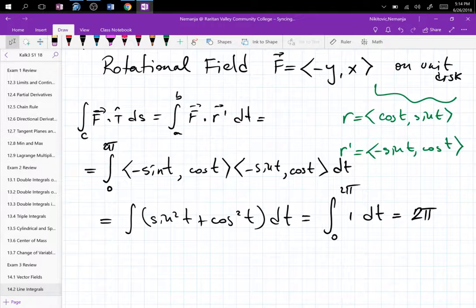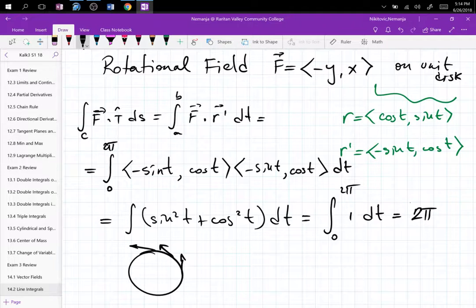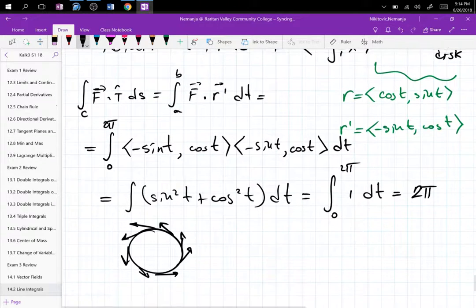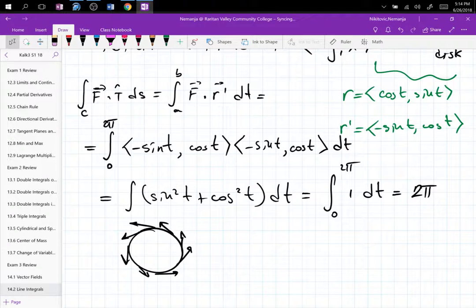So we can draw again the image for this. Now we are going to have over here the circulation. So this is what the rotational field looks like.